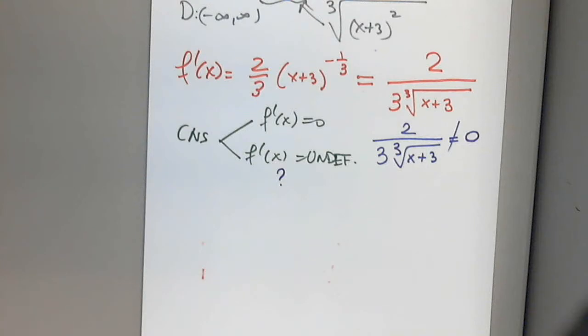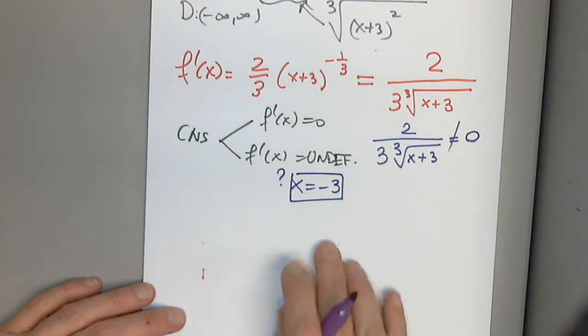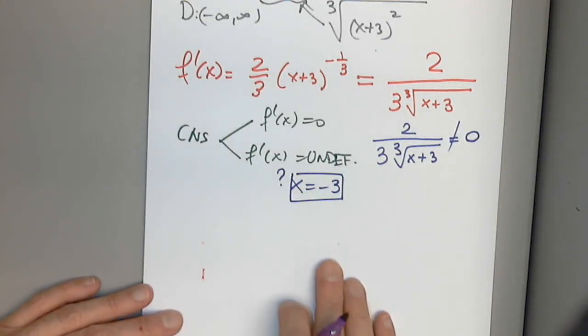And let's say, is this function undefined for any x value? x equals 0. 0 plus 3 is fine. When x is? Negative 3. Excellent. Yes, so when x equals negative 3, the function f prime is undefined.